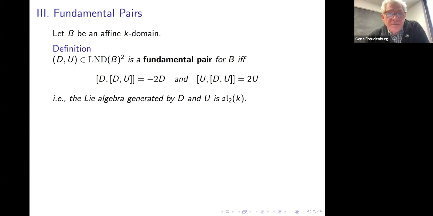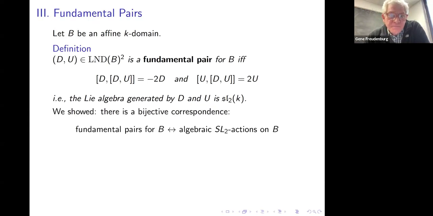So that's what I call a fundamental pair. We showed that there's a bijective correspondence between fundamental pairs for the ring and algebraic SL2 actions on that ring, or on the variety that ring defines.